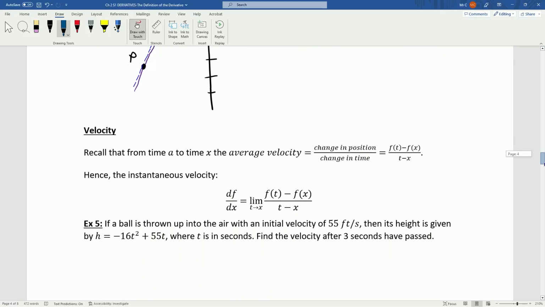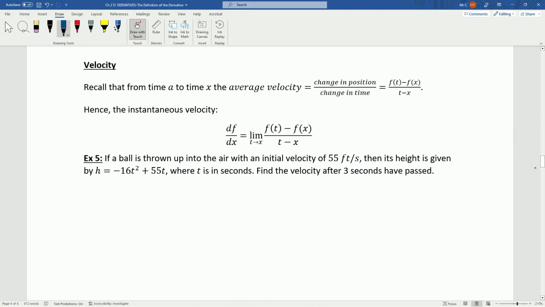Okay, so let's move on. We'll talk about velocity, and we'll use some df dx notation here. So recall that from time t to x, that should say time t to x. Another typo, sorry, folks. Recall that from time t to x, the average velocity equals the change in position over the change in time, or f of t minus f of x over t minus x.